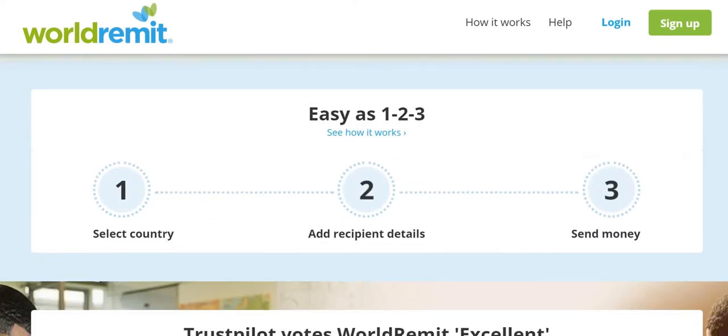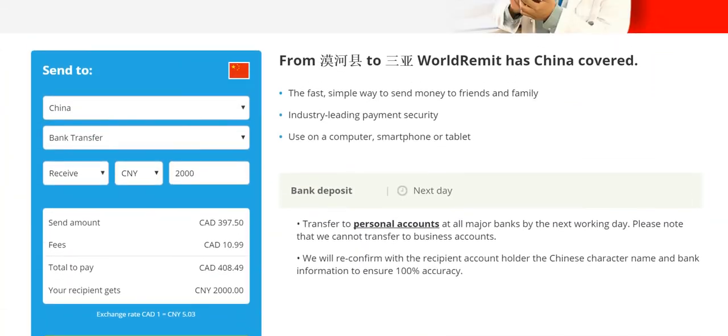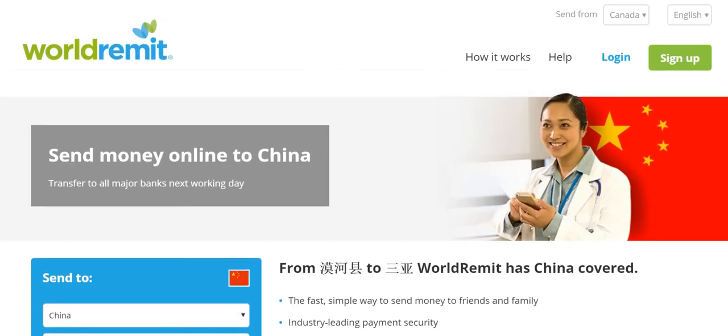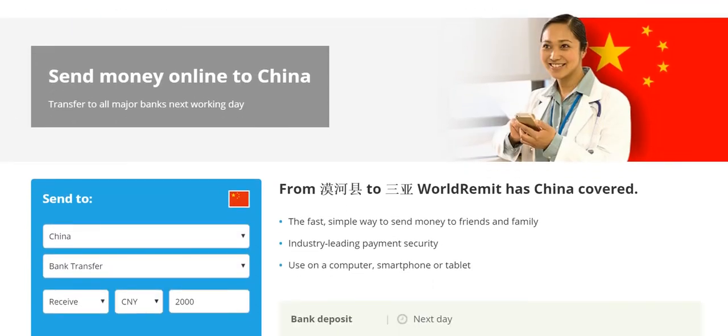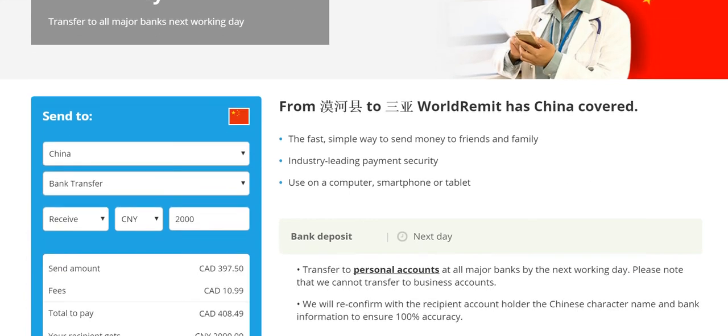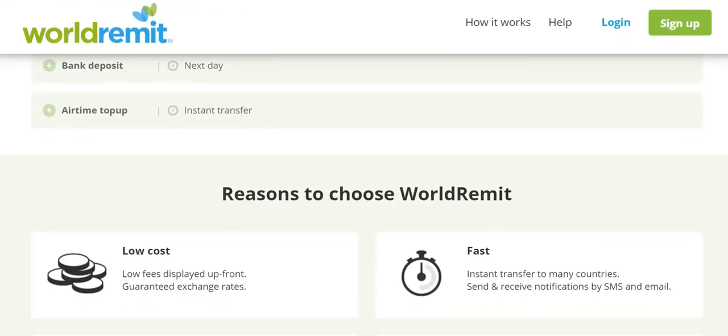Now, just to reiterate the simplicity of WorldRemit, it is well and truly as easy as 1, 2, 3, whereby you select the country, you add the recipient details, and you send the money, as easy peasy as that. And that's something which I showcased to you. I started with selecting the two countries, the sending and the receiving country, and then I went through the steps, even increasing the money and showing that the fees went up very, very marginally.